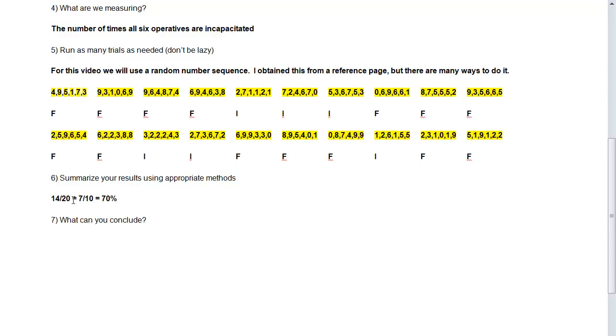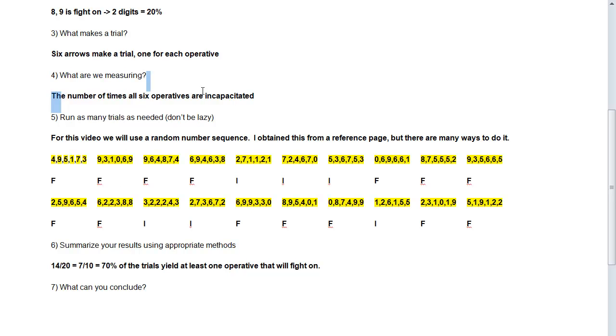Okay, and so that's of the trials yield at least one operative that will fight on. Okay, so that's how I'm going to summarize my results, because remember, what we're measuring is the number of times all 6 operatives are incapacitated.